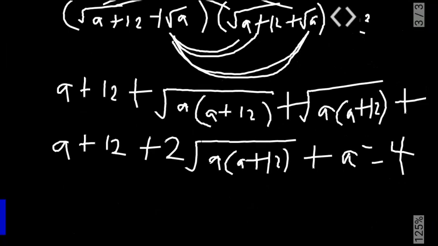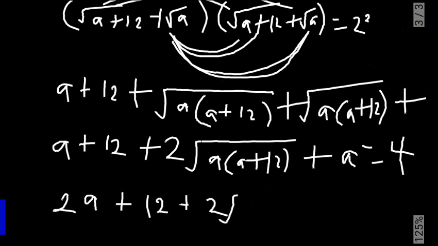So now we have a plus 12 plus this plus a equal to 4. We have a. When we add them together, we have 2a plus 12 plus 2 root a plus 12 equals to 4.